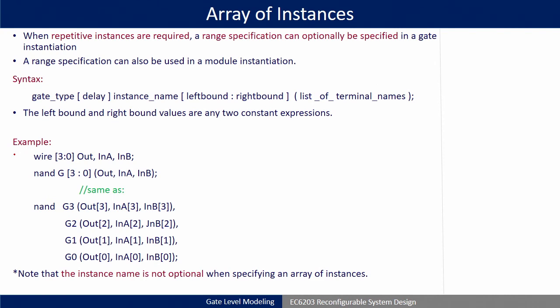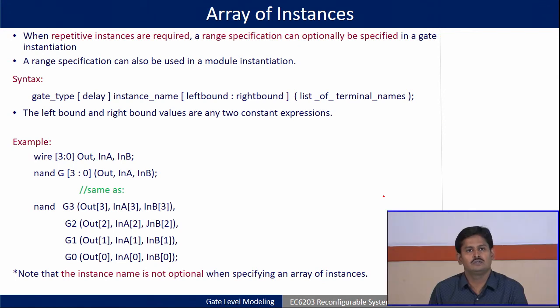Then one important aspect is called arrays of instances. It is only supported in your gate level primitives. It is required when repetitive instances are needed, like in gates we are always calling many gates many times. Okay.